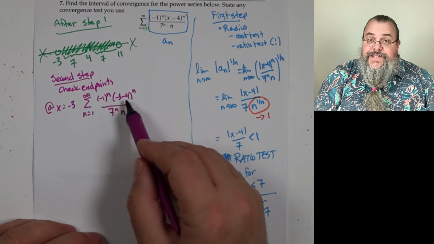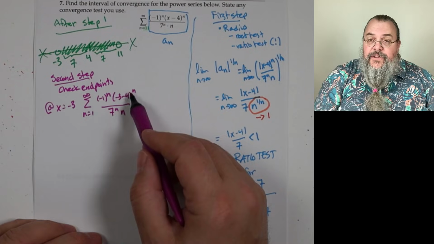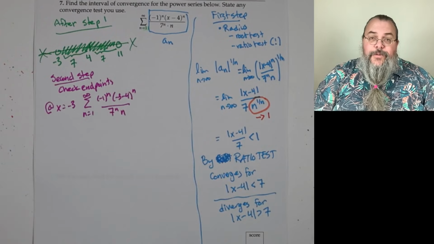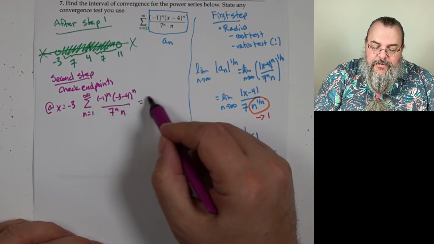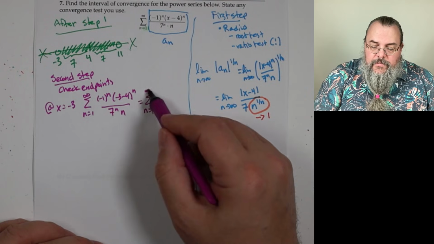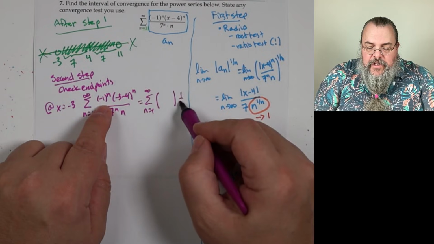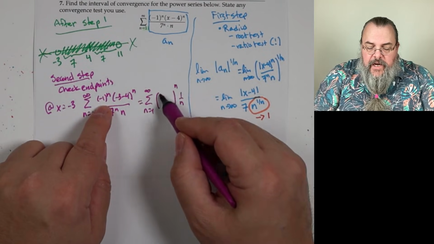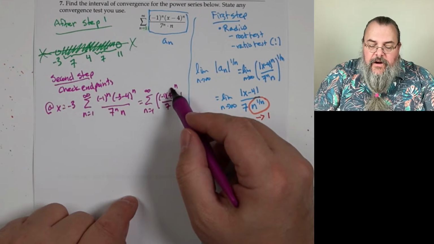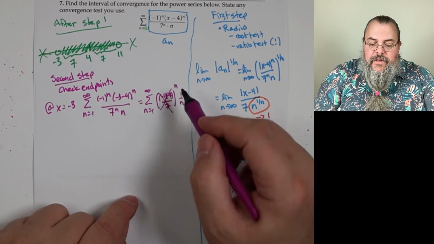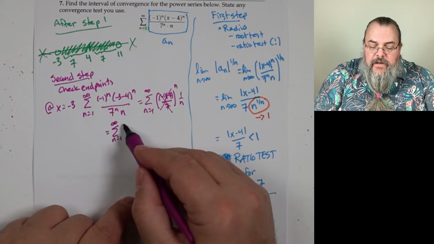Negative 3 minus 4 is negative 7. So we have a negative 1 to the n, a negative 7 to the n, and a 7 to the n. There's a 1 over n here, and then we have a negative 1, a negative 7, and a 7. All of that goes to 1. So really, we're looking at the sum n equals 1 to infinity of 1 over n.